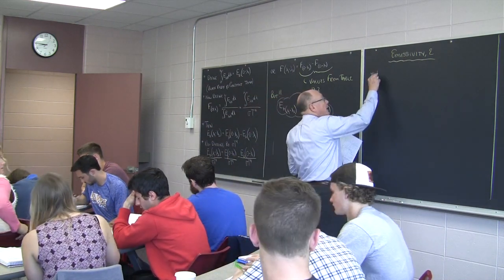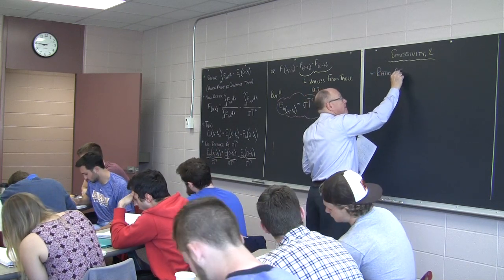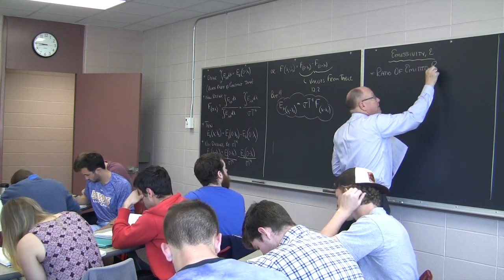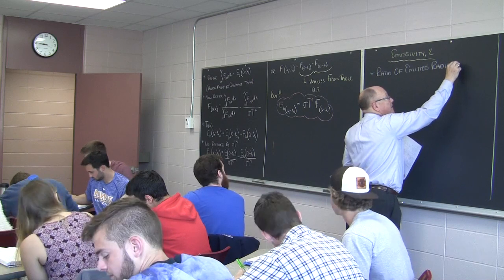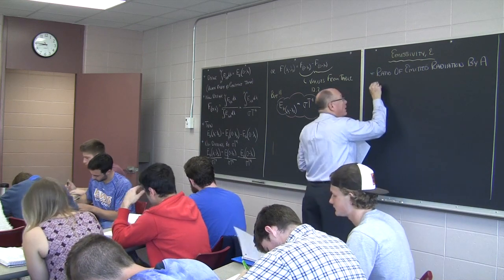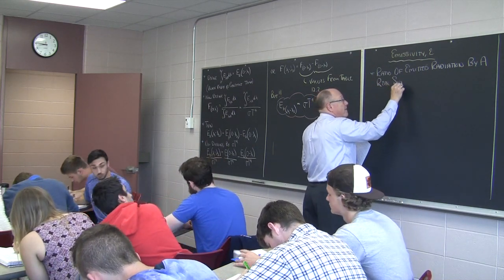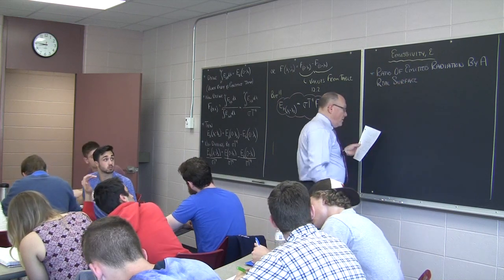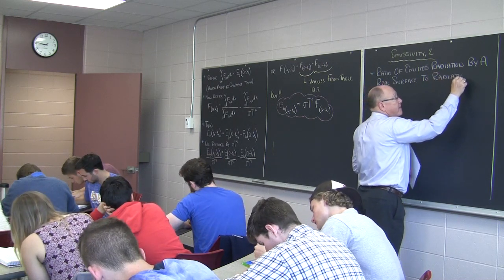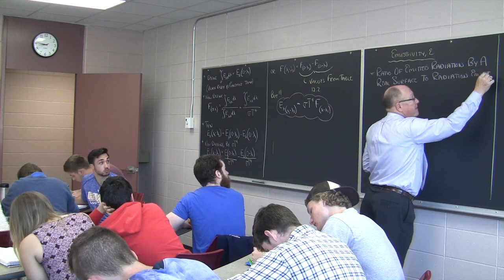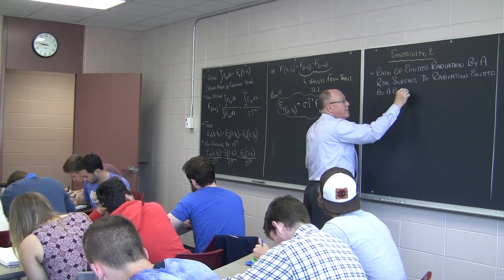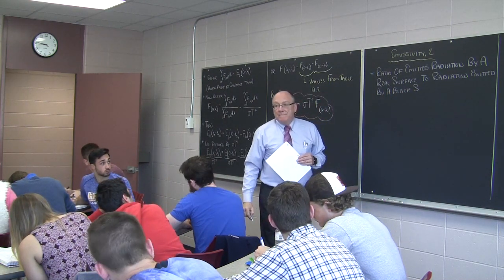So it is the ratio of emitted radiation by a real surface, real being non-black, to the radiation emitted by a black surface at what? Right, at the same temperature.